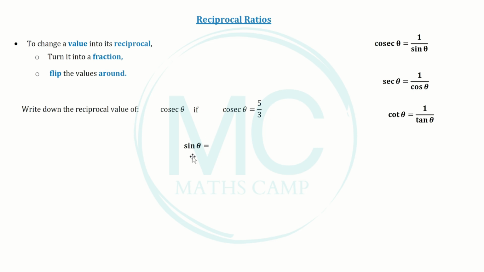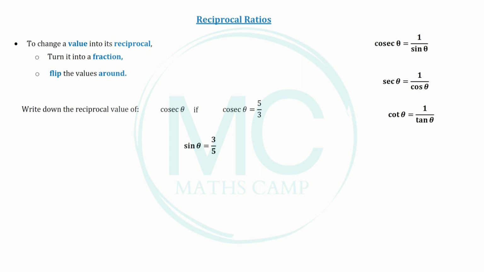So to find the value of sine theta, we take 5 over 3, flip it, and we get 3 over 5. From these examples, we can see that to find the value of a reciprocal ratio in fractional form, all we do is flip the fraction upside down. And we'll look at this in more detail when we work with triangles and the Cartesian plane.